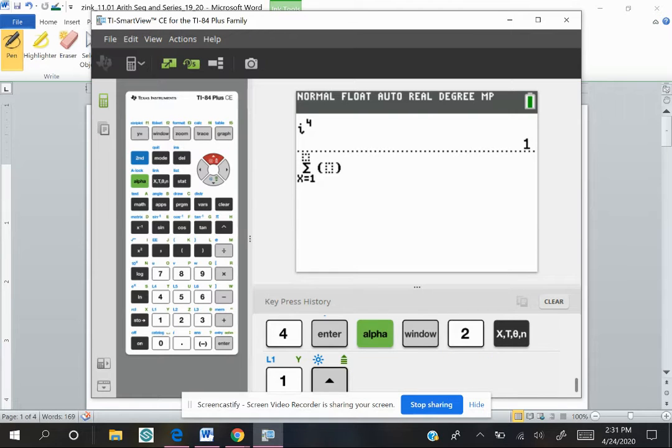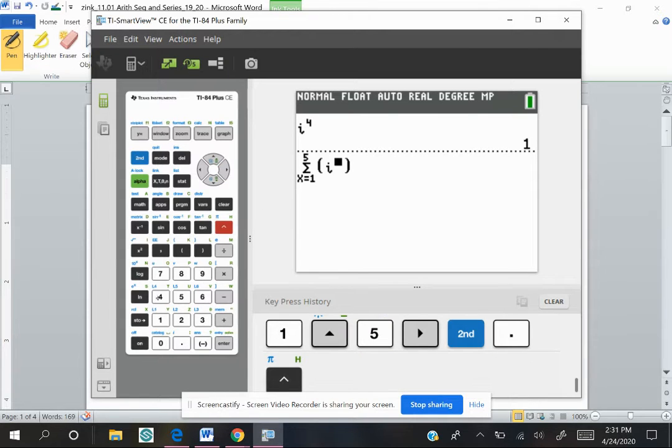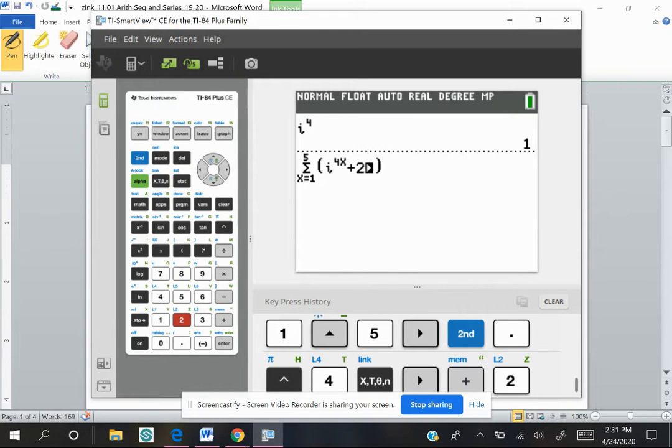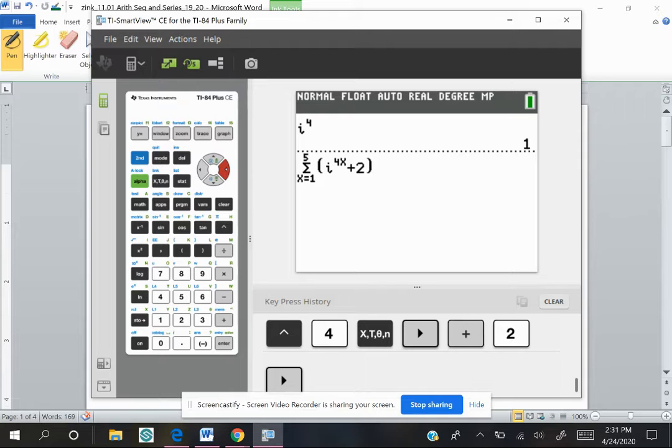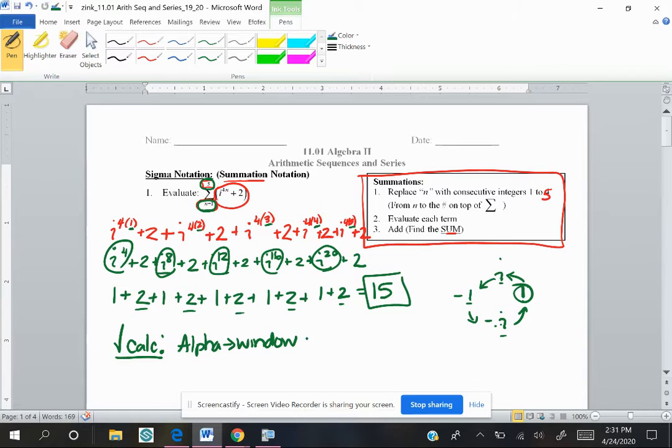So I'm using X instead of n. And the top number is 5. And then in here, I'm going to do second i raised to the 4X plus 2. And that all stays in parentheses. Hit enter, and it gives me the same answer we got of 15. Okay, so alpha window number 2.